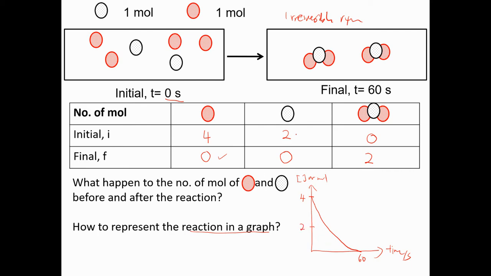Initially it has 2 moles. Then at 60 seconds it completely reacts and the reactant is completely consumed, so it also becomes 0. Now, our product is initially 0. At 60 seconds it becomes 2 moles. So this is for an irreversible reaction.